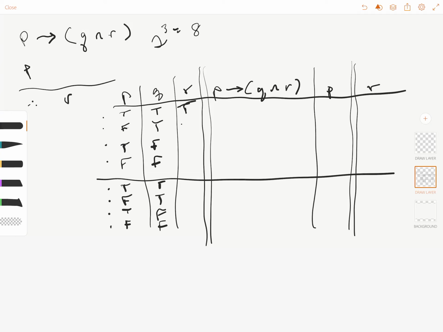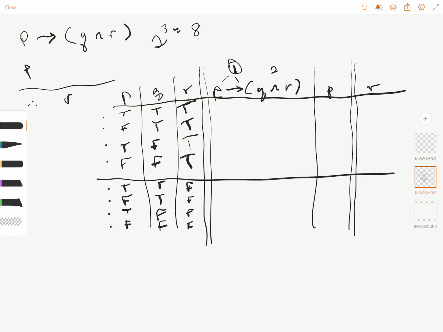Now for Q, we double the alternating factor, so we have true, true, false, false, true, true, false, false. And for R, we double again, so we're going to have true, true, true, true, and false, false, false, false.